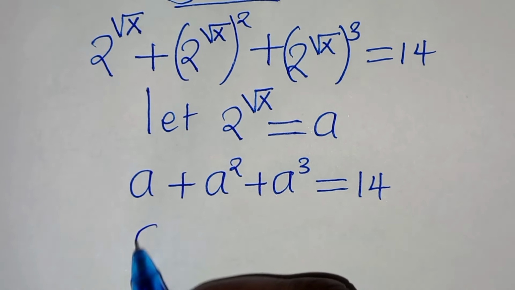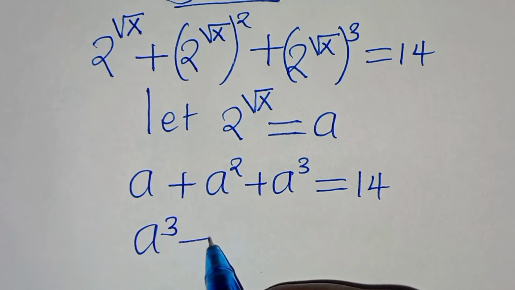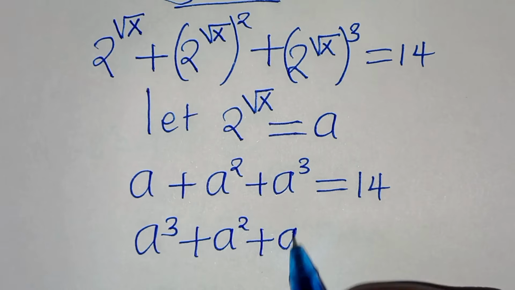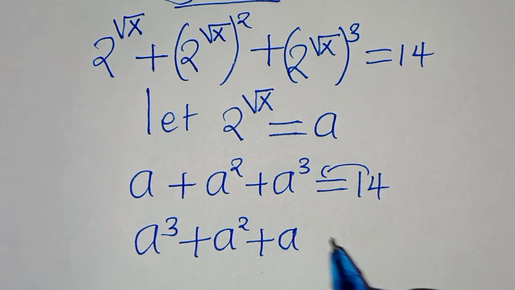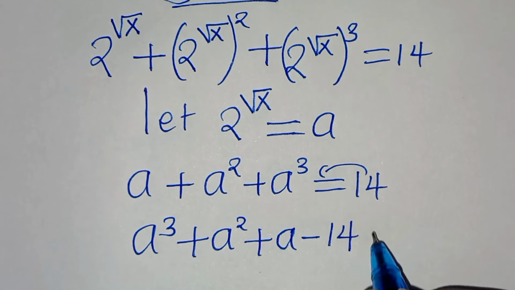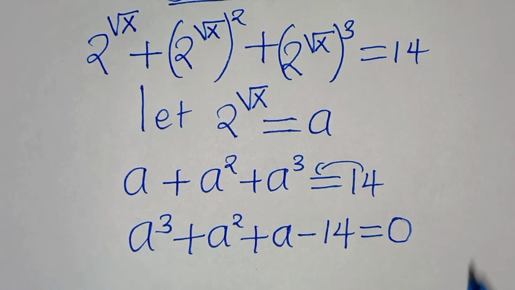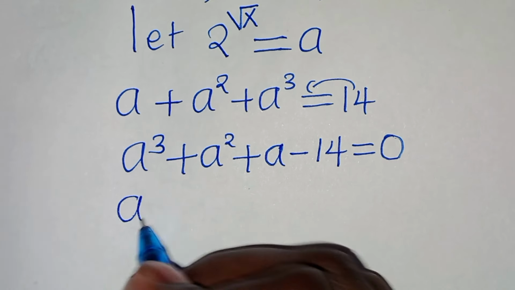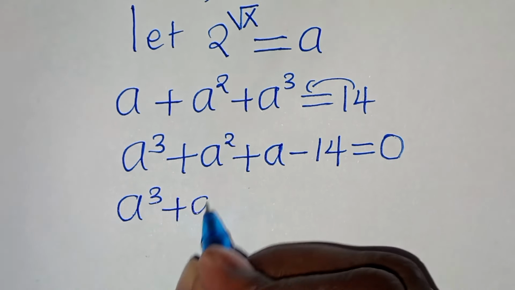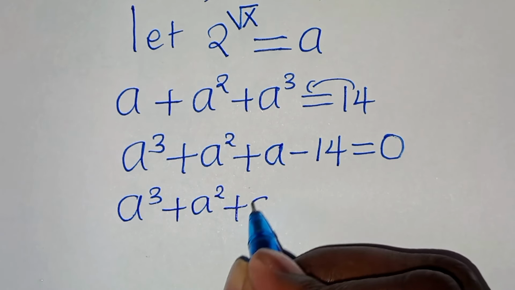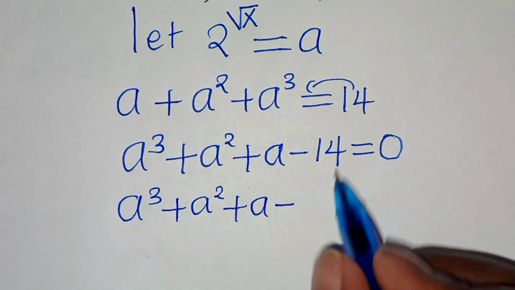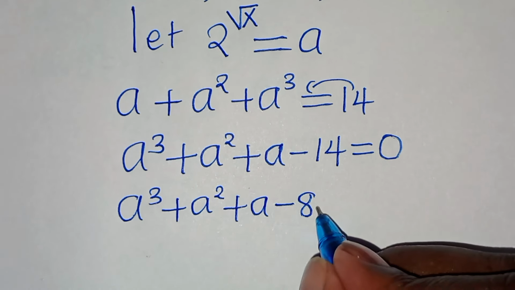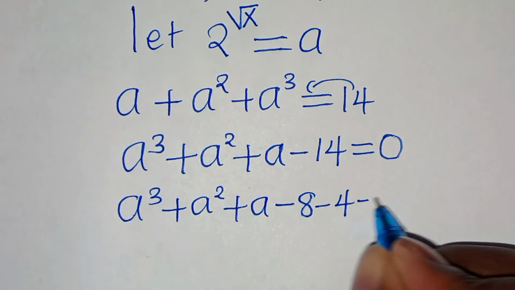So this is the same thing as a to the power of 3 plus a to the power of 2 plus a. Let's take 14 on the left hand side, so minus 14. This is equal to 0. So we have a to the power of 3 plus a to the power of 2 plus a subtract 14, which we can express as minus 8 minus 4, then minus 2.